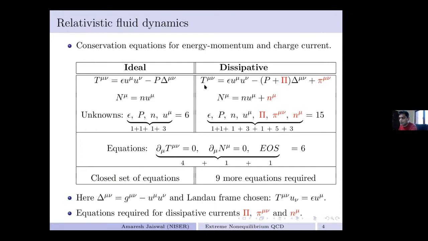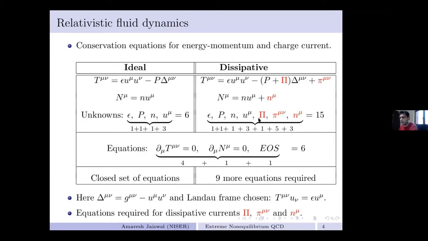The quantities in red are the dissipative corrections to the energy momentum tensor: capital Pi is the bulk viscous pressure, pi mu nu is the shear stress tensor, and n mu is the dissipation to the conserved current.